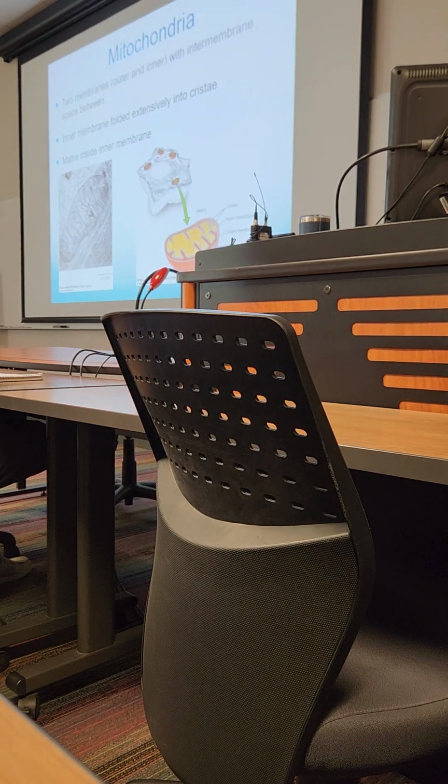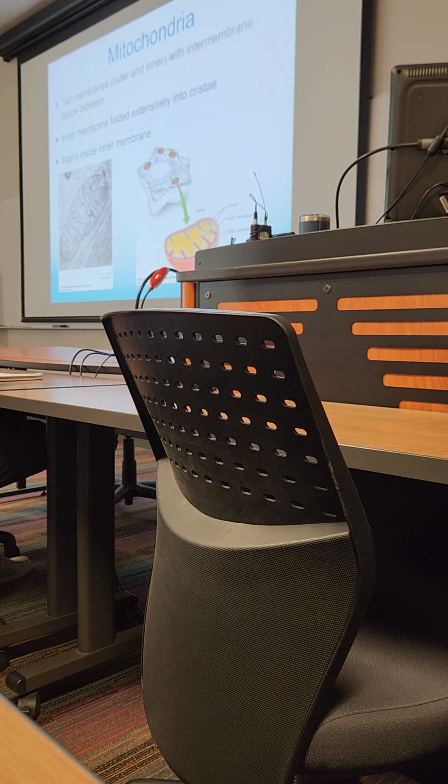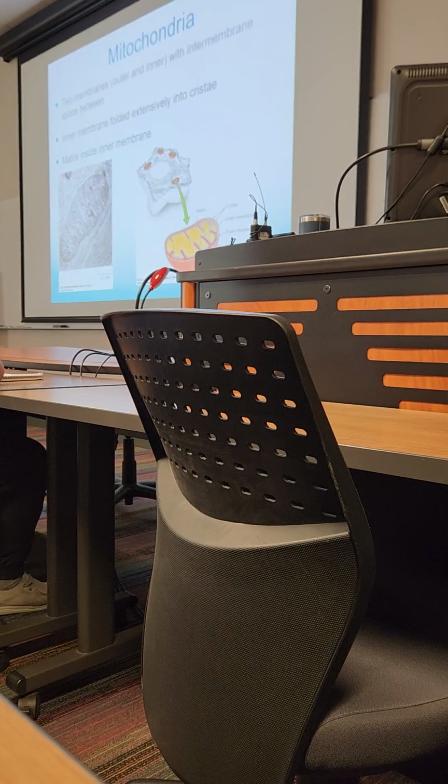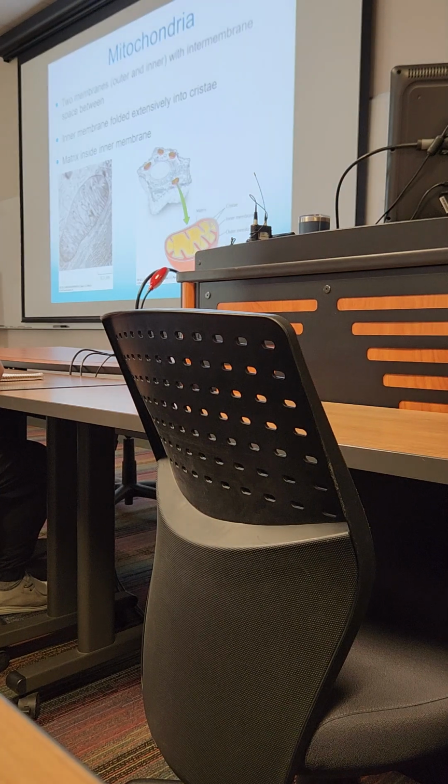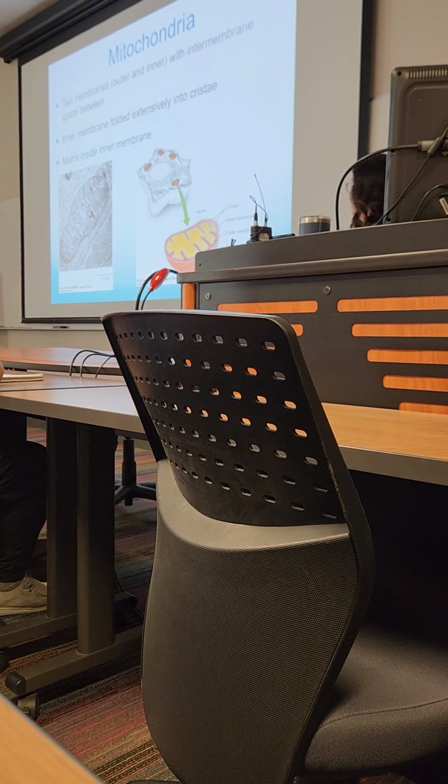Then we have to transport the pyruvate, or the 3-carbon molecule, into this. So it has to go through that membrane. And then once it's transported in, it goes into the matrix, or the most inner compartment, and that's where the citric acid cycle happens. Okay, so all of those enzymes have to be in there. And the pyruvate itself has to get in there.